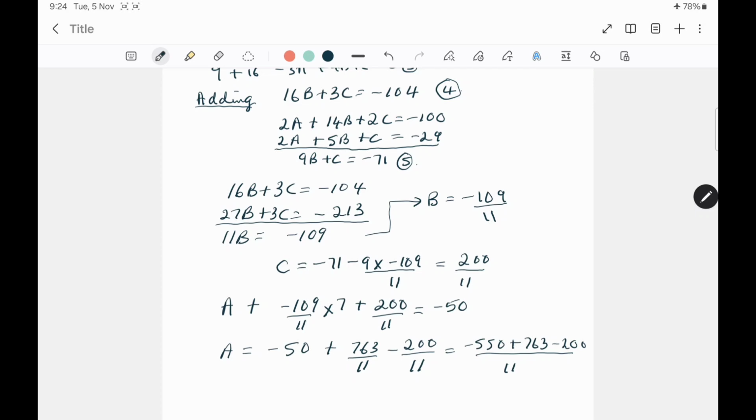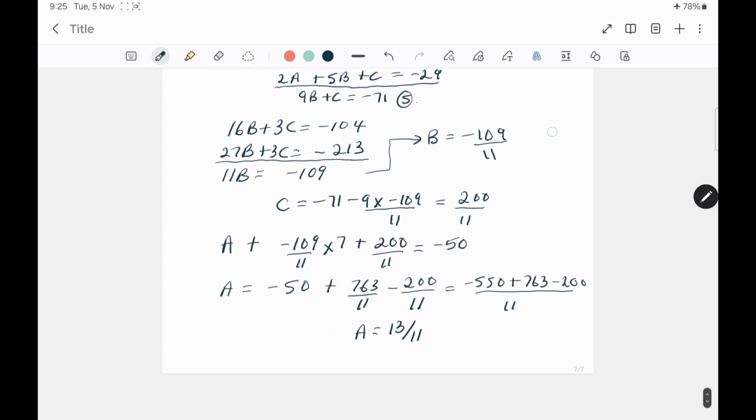And that comes down to, I think, a is 13 divided by 11.